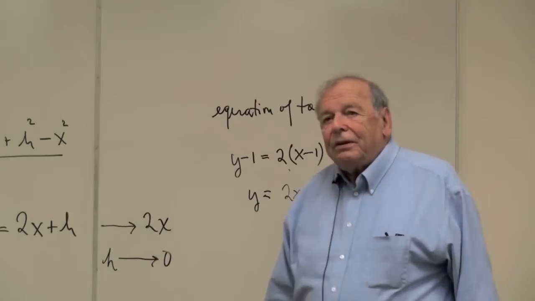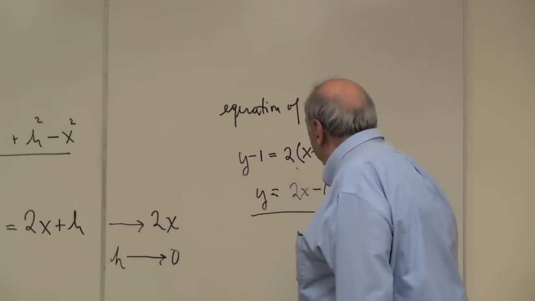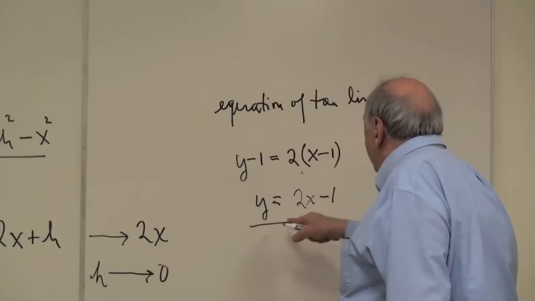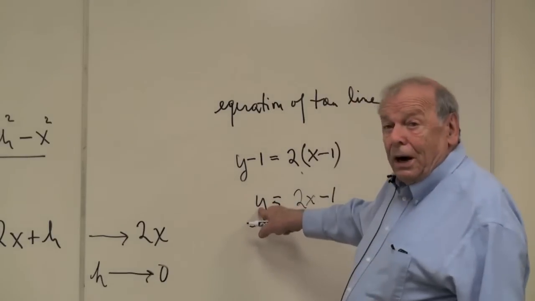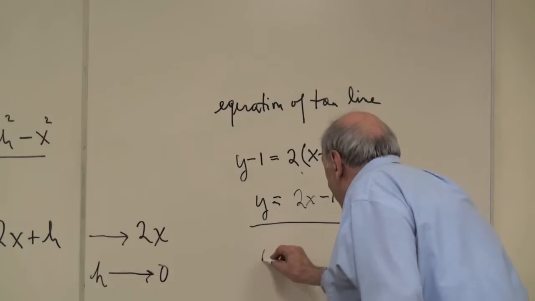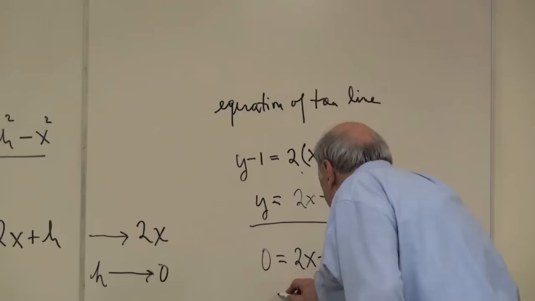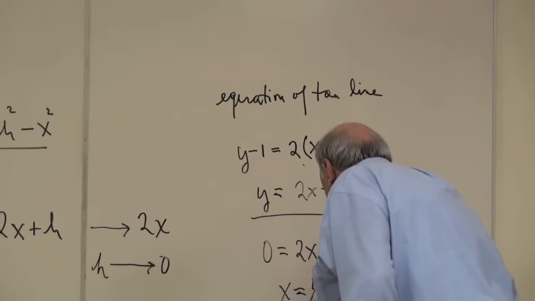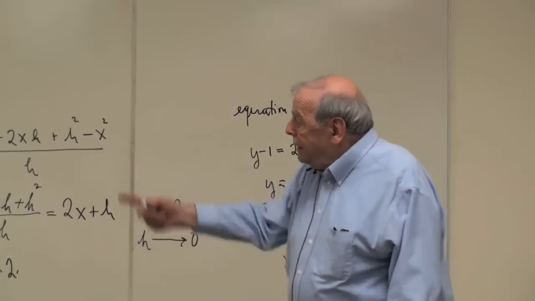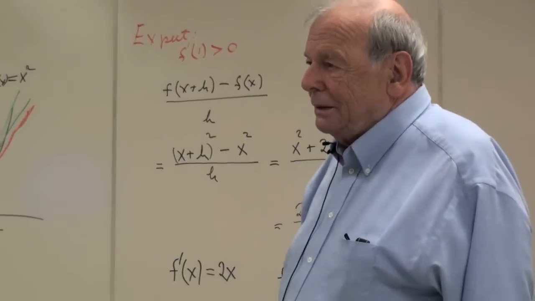So that's the equation of the tangent line. And let me just see if that agrees with my picture. If I let y be 0 to get the x-intercept, for y equals 0, I get 0 equals 2x minus 1, or x is equal to 1/2. And indeed, the picture suggests that that's about right.